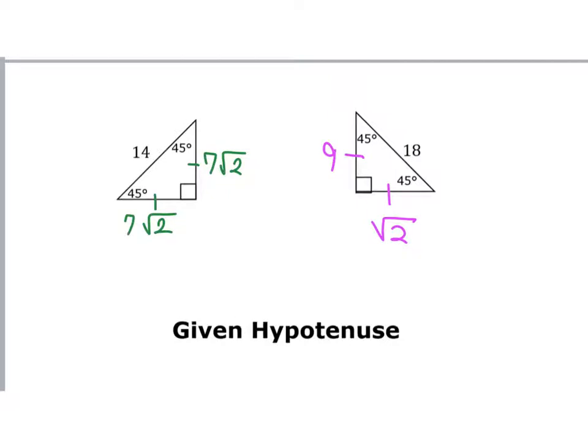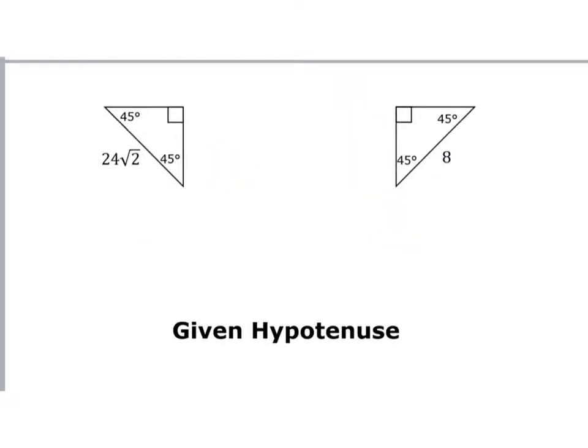Okay. My hypotenuse is 24 square roots of 2. What are my legs? 24. My hypotenuse is 8. What were my legs? 4 square roots of 2.